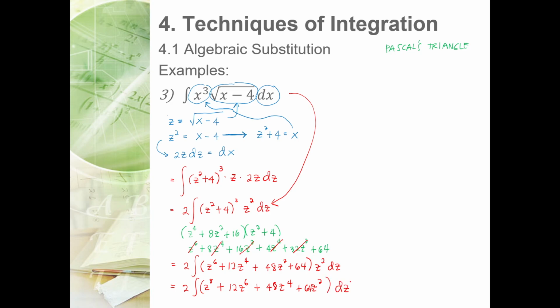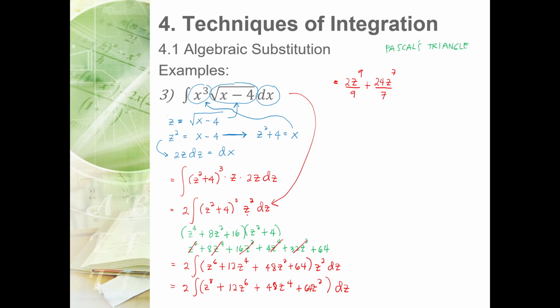So notice that you can immediately use the exponential rule for integrals. In the first integral, this will be 2z to the power of 9 all over 9. So plus 24z to the power of 7 all over 7. Where did I get 24?